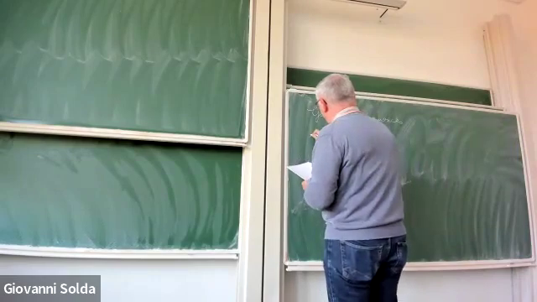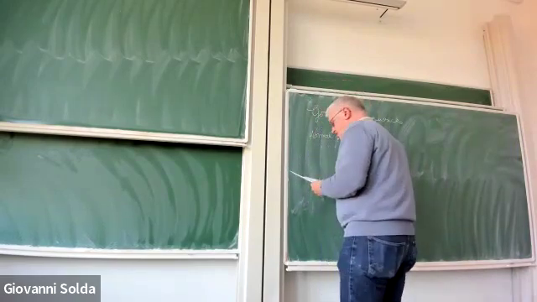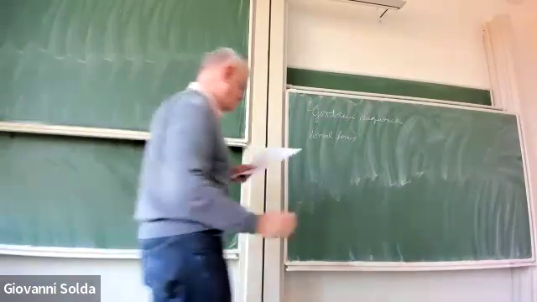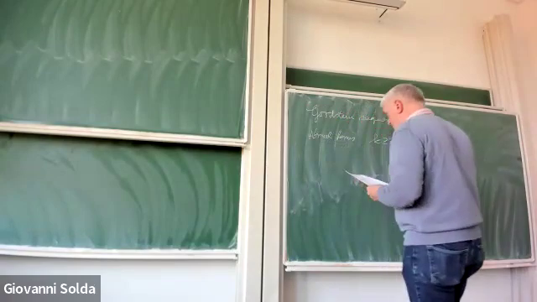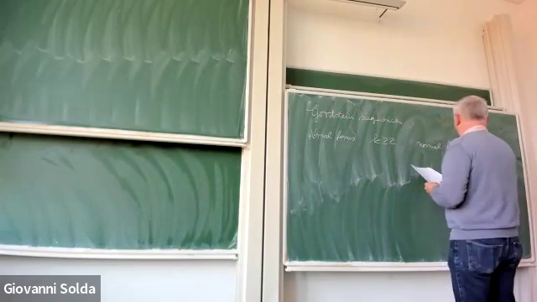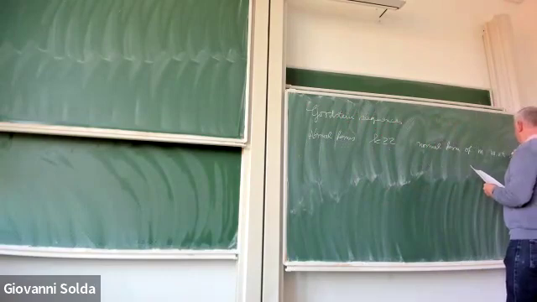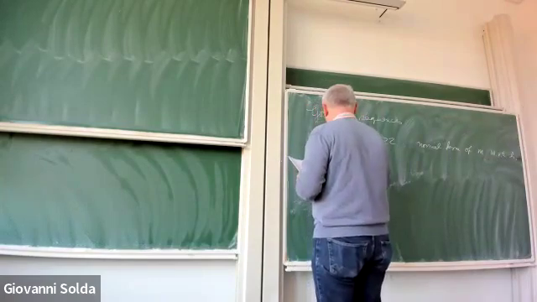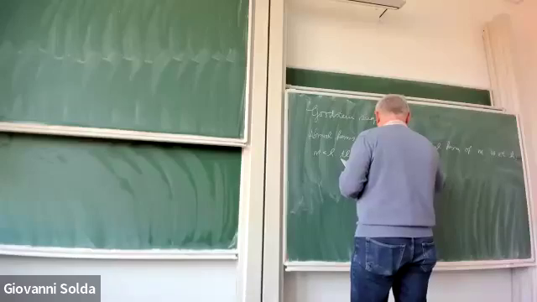Well, we define normal forms for natural numbers. So you take a number k. Let's define the normal form of a number m with respect to k. If m is smaller than k, then m is its own k normal form.